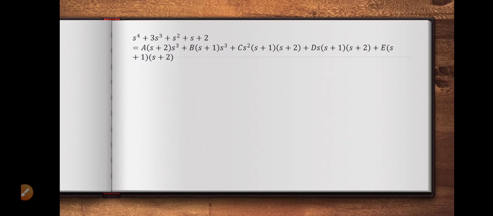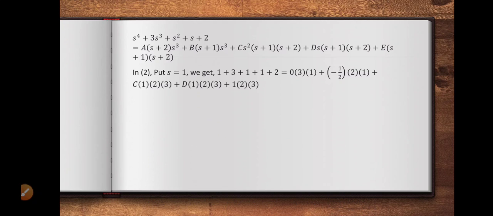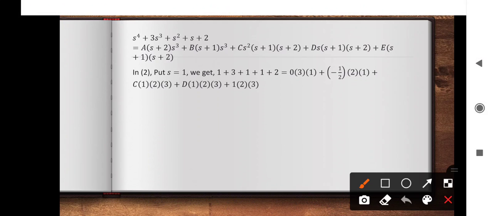Next we have to put the next value of s. I have intentionally written this equation here. So for s equal to 1, you will get this equation which contains C and D. See here, you have used the value of A as 0, the value of B as minus 1 by 2 and the value of E as 1.